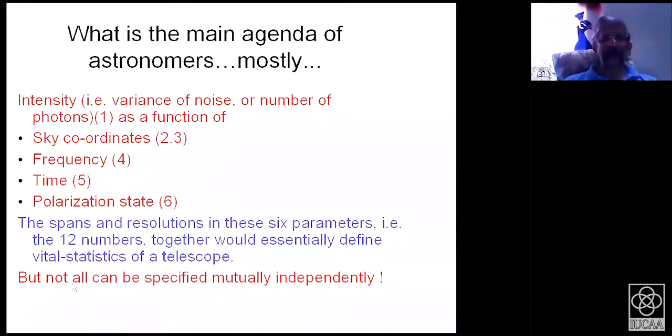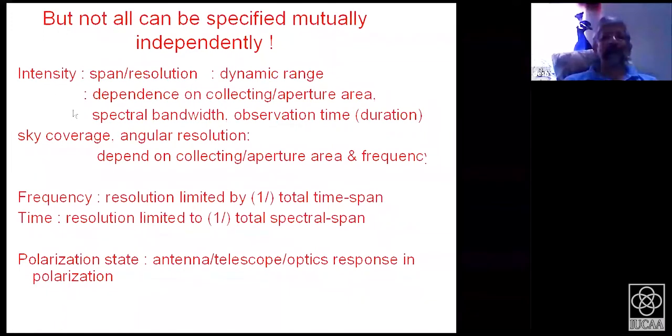But as you know, our grid is constrained by the uncertainty relation, and so we are not allowed to specify at will fineness in certain domains simultaneously beyond a certain point. For example, the span and resolution in intensity, which is called the dynamic range, depends on the aperture area, the spectral bandwidth that you have, the observing time over which you collect the number of photons, and of course, the sky coverage and angular resolution depends on the collecting area and the frequency.